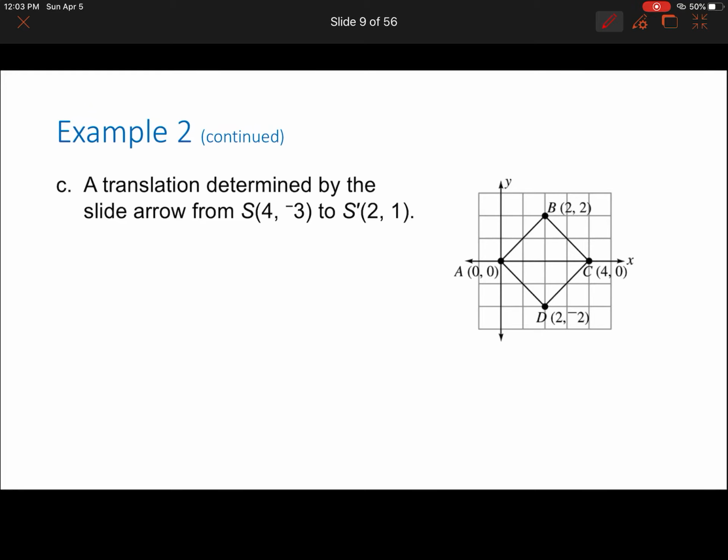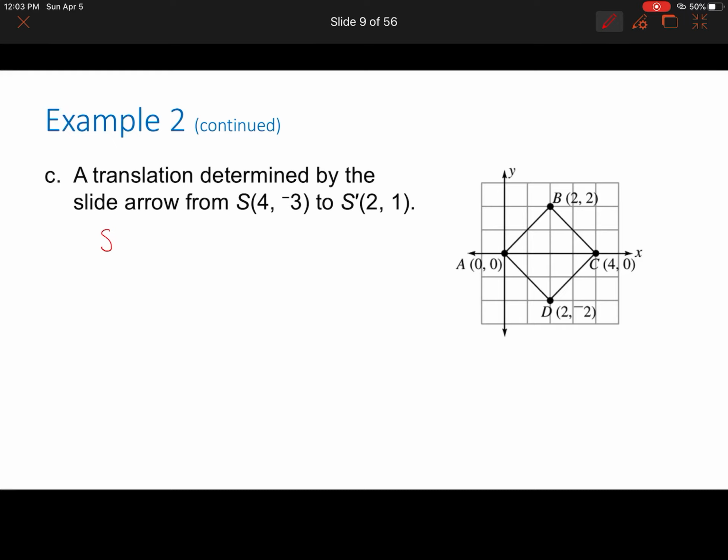And then part C says that we want to find the translation determined by the slide arrow from 4, -3 to 2, 1. So let's think about what's happening to go from point S, which is 4, -3, to get to S prime, which is 2, 1.